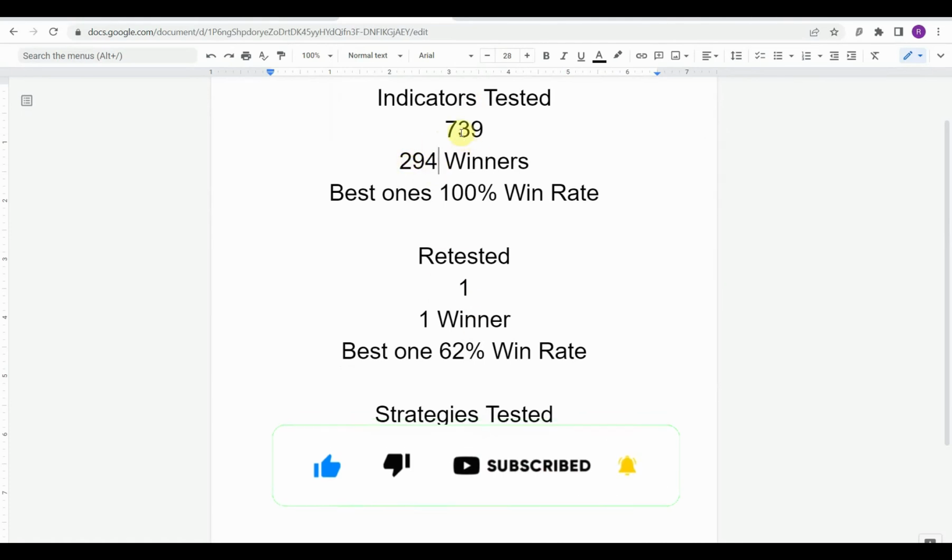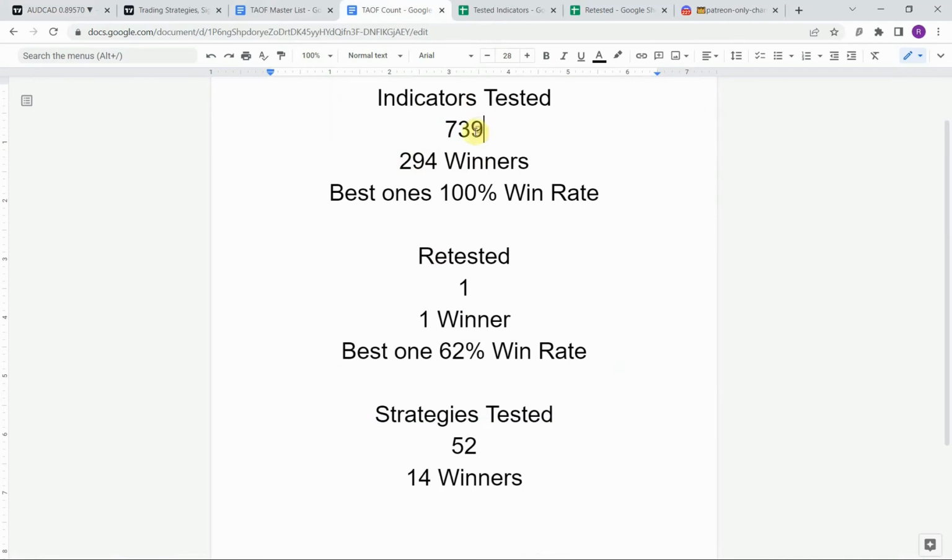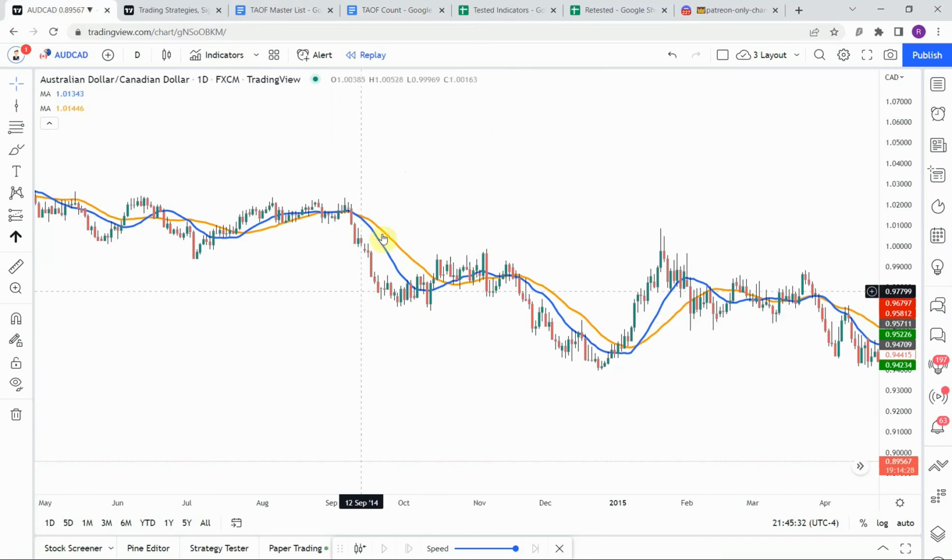We're still doing a couple of videos a week testing indicators across 1 year's time, so this number will surely grow, but at the moment we have 294 indicators. What we're doing now is going back in and retesting those winners and seeing if they can maintain a 60% win rate over a longer number of trades.